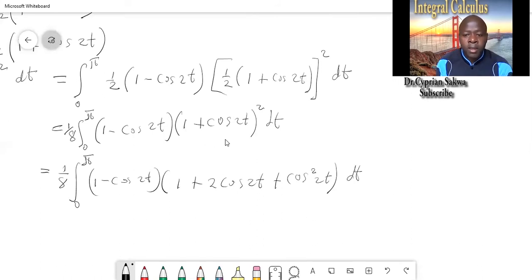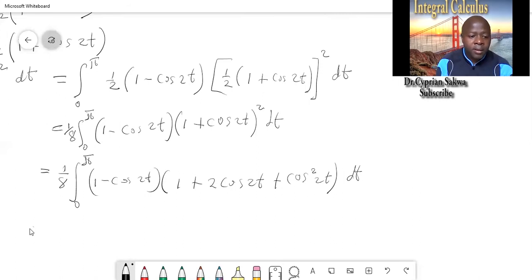To expand this, 1 times itself gives you 1, 1 times cos 2t gives you cos 2t, then 1 again plus cos 2t. So that sum gives me 2 cos 2t. Then this one gives me that.